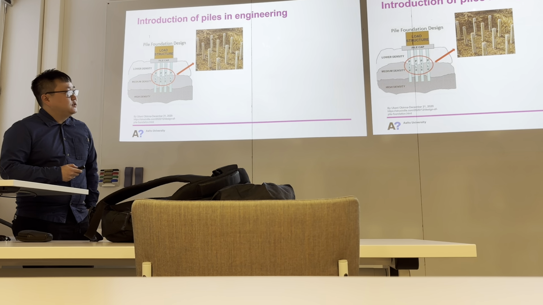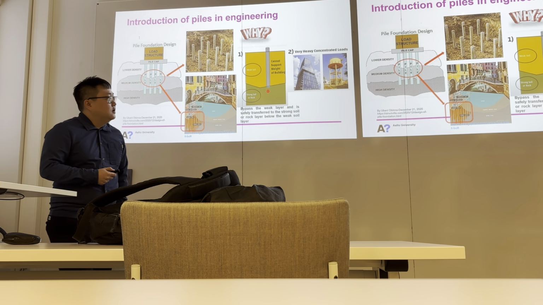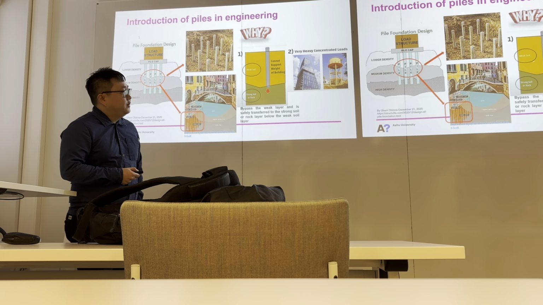Now we have a question: why do we choose the pile foundation instead of others? Normally there are 2 situations for choosing pile foundations. The first is when we have weak soil near the surface that cannot support the weight of the building.